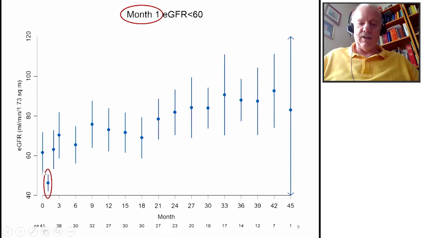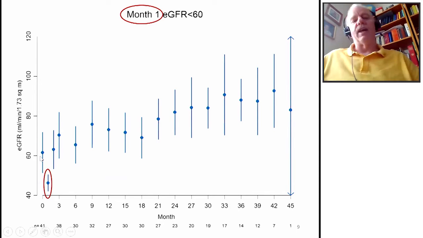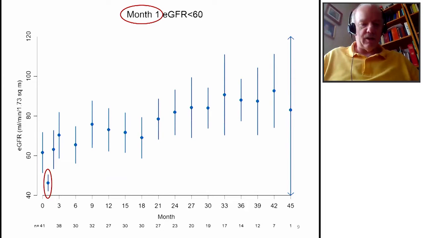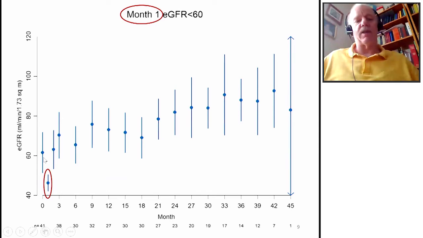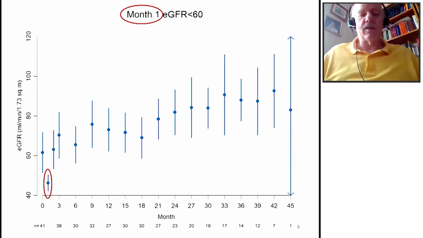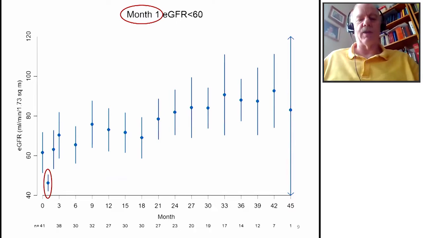Again, this is identifying a group based on their 1 month value, taking that same group and looking backwards, and you see they're doing better. So what this is really saying is anytime you identify a group of people who have very low values on some measure, and then you measure them again, you're going to see something that regresses toward the mean, toward the more normal values. This is a very interesting phenomenon.